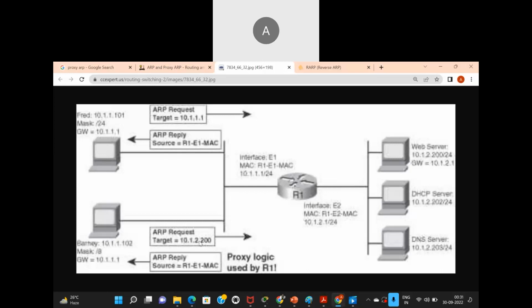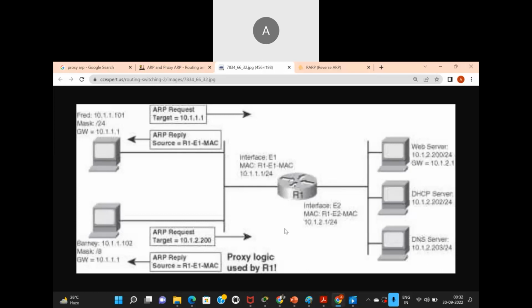The router sees the packet and says, oh wait, this is in a different network. You are coming from a different network and this IP address 10.1.2.200 is in a different network and you are not allowed to go to this network. This is a broadcast.